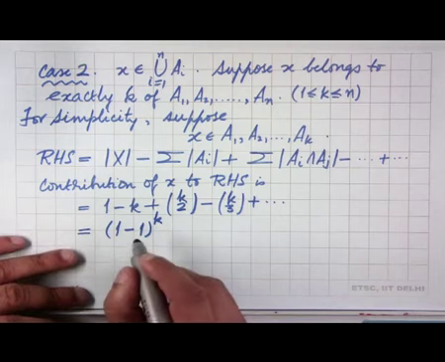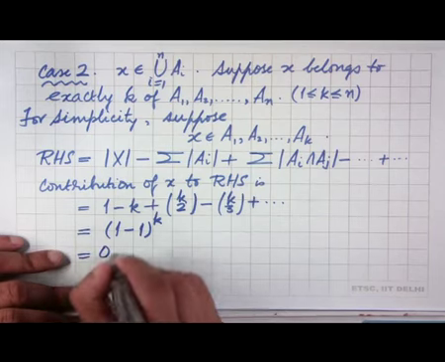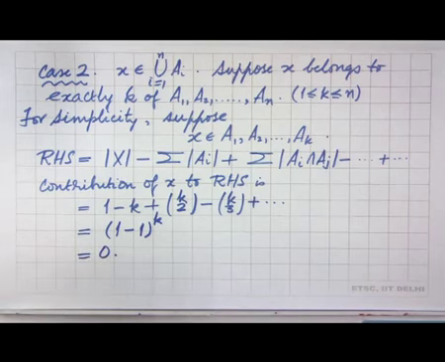And because I'm assuming k is not 0, (1 minus 1) to the power of k is in fact 0. What have we concluded? We've concluded that whenever I take x to be in the union of the Ai's, and in particular belonging to k of these sets, where k is at least 1, the contribution of x to the right-hand side is 0.